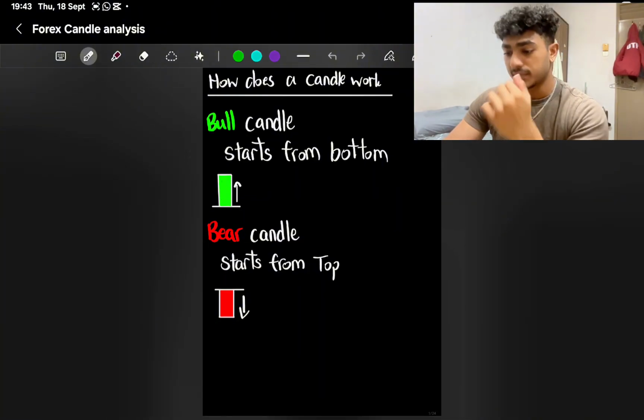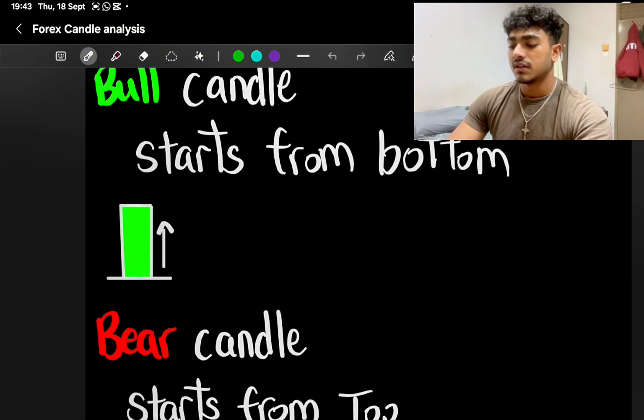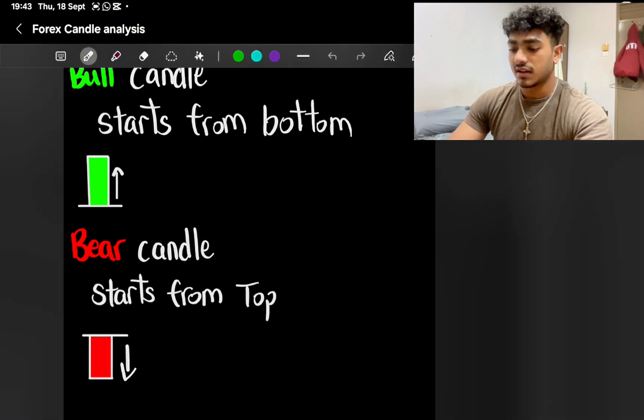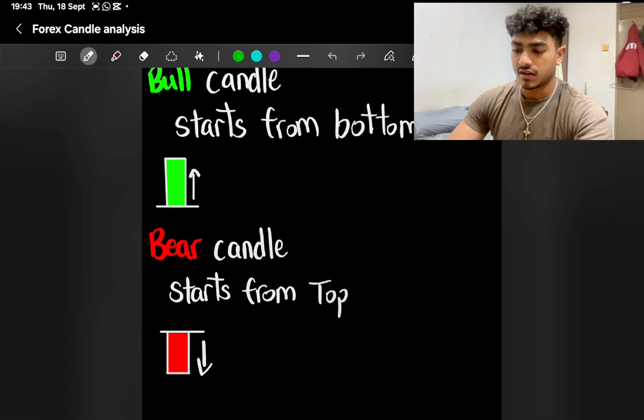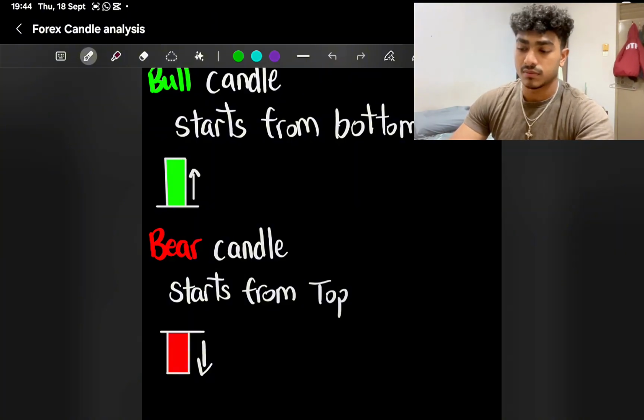This is called a candlestick pattern. Normally it's just green and red, the default setting. Green means bull, red means bear, which is another word for buy and sell. So bull goes up, bear comes down.